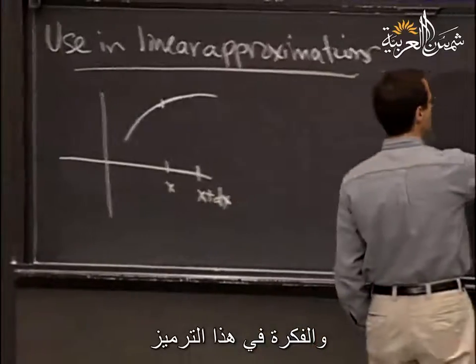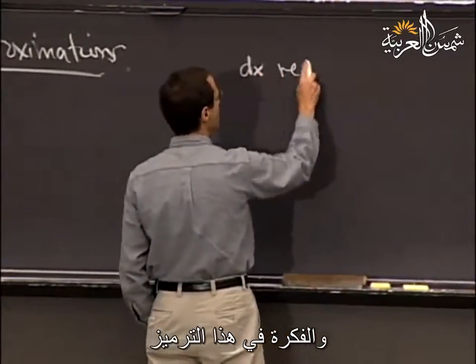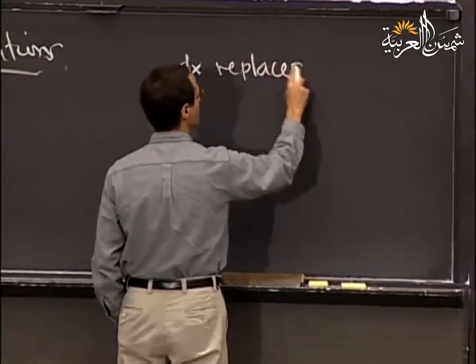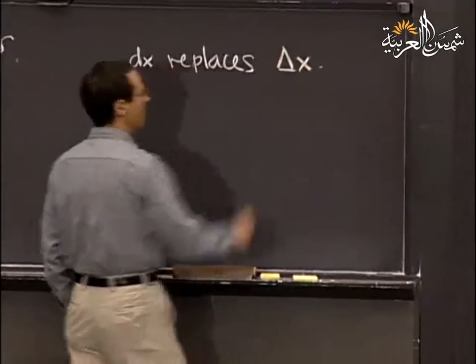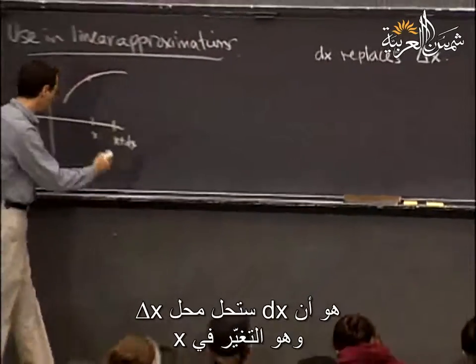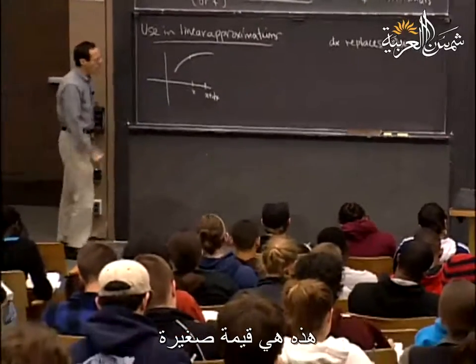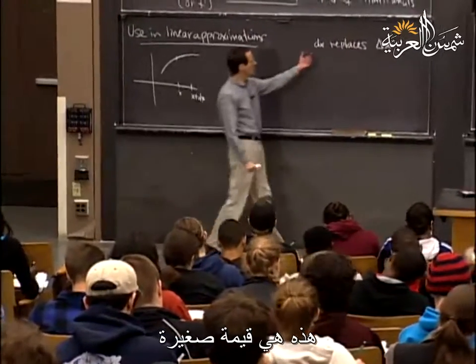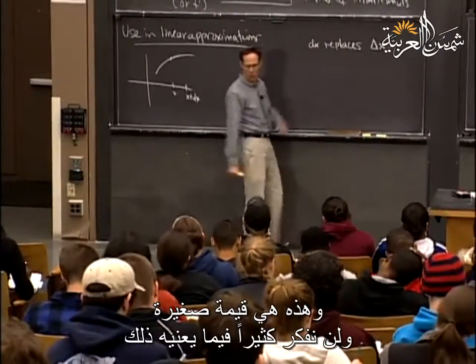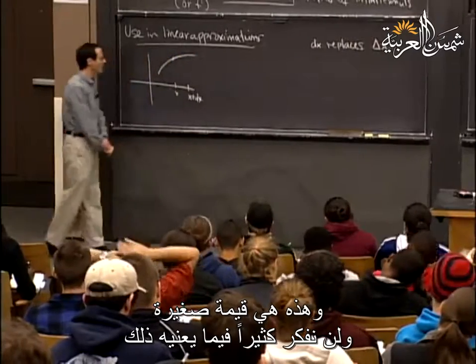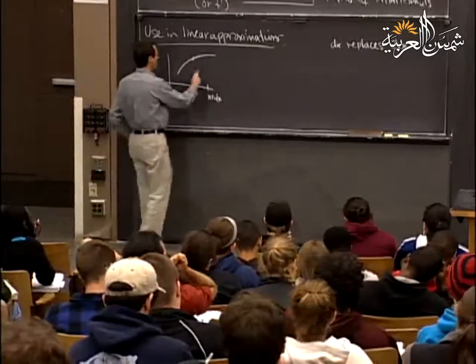The idea of this notation is that dx is going to replace the symbol delta x, which is the change in x. And we won't think too hard about, well, this is a small quantity, this is a small quantity. We're not going to think too hard about what that means.